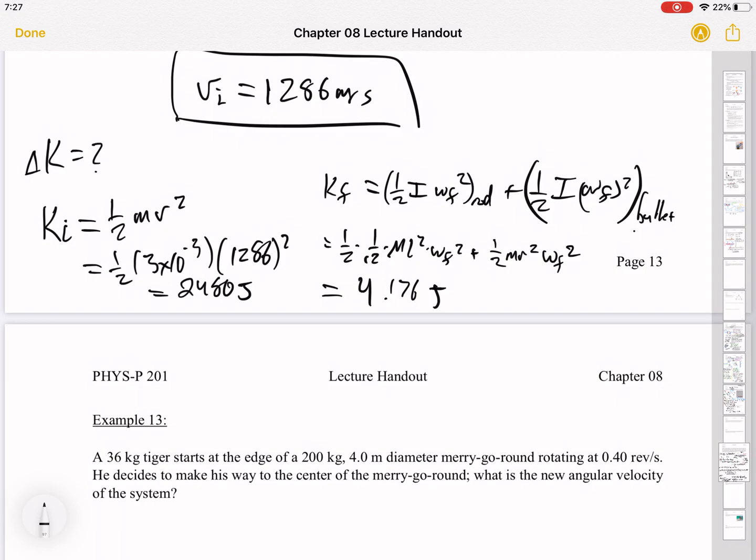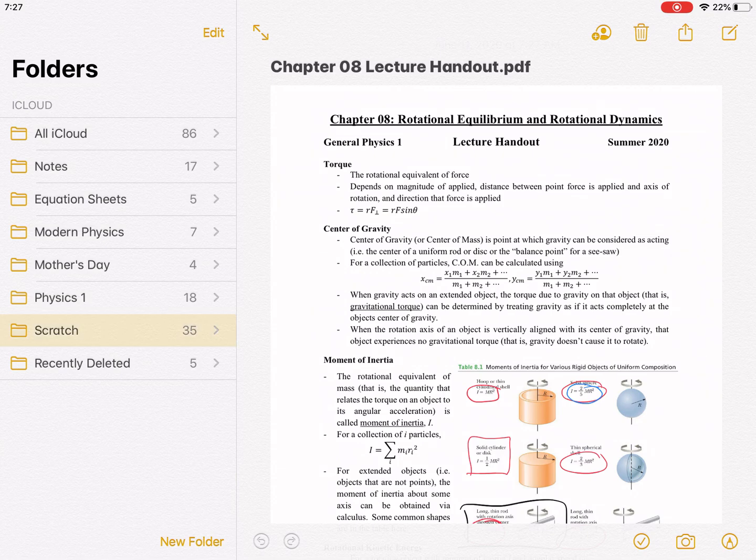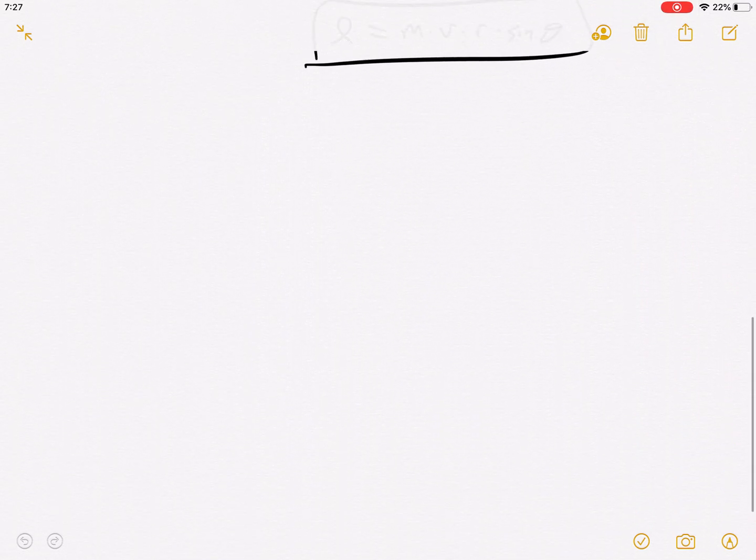Yeah. So let me talk about one other thing here. There's another way to talk about conservation of angular momentum. And that is, instead of two objects colliding, we could talk about an object simply redistributing itself.